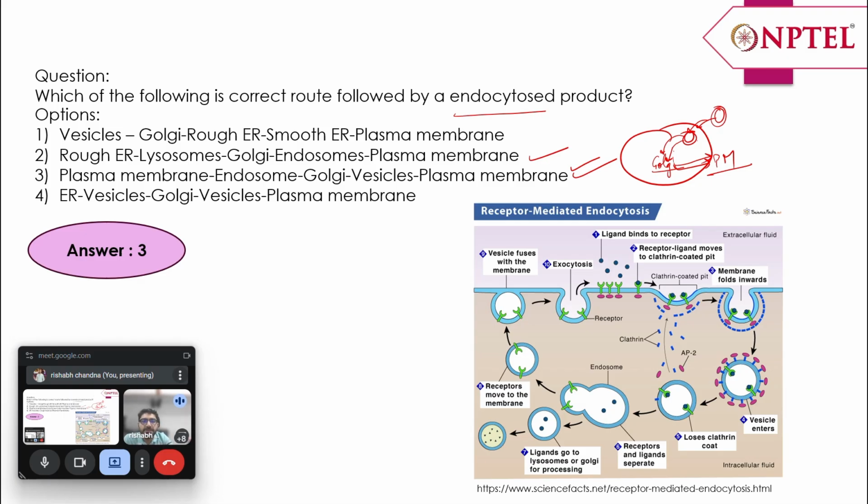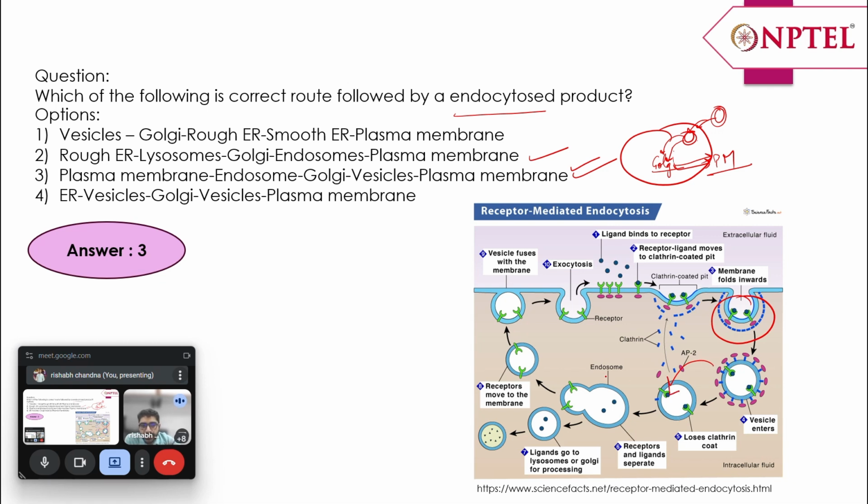This is a basic diagram of what I have explained just now. This is the receptor that will make an entry of the ligand into the cell. This will now move to the endosome.